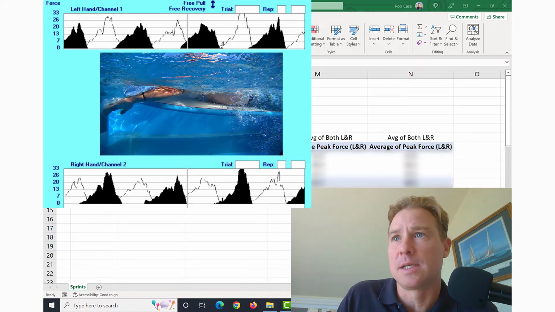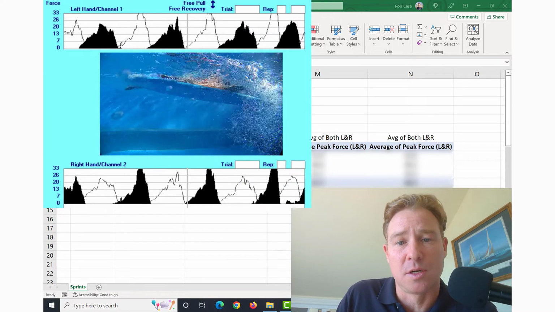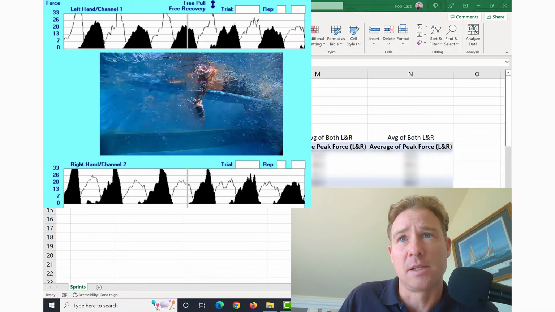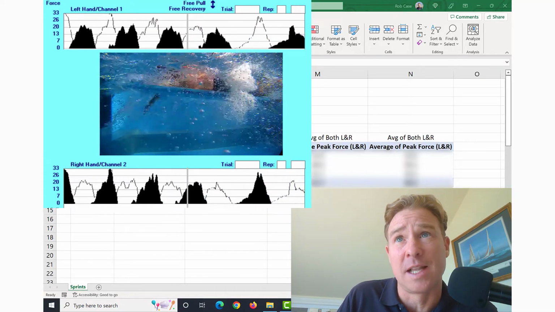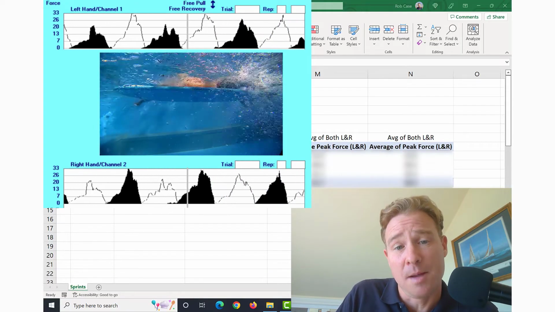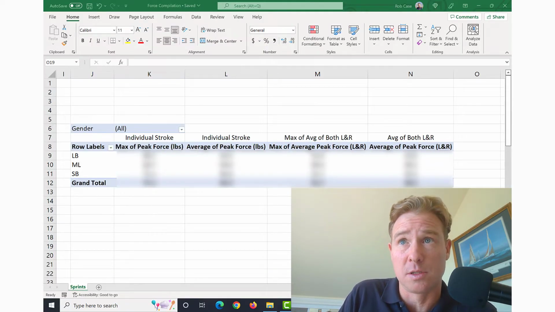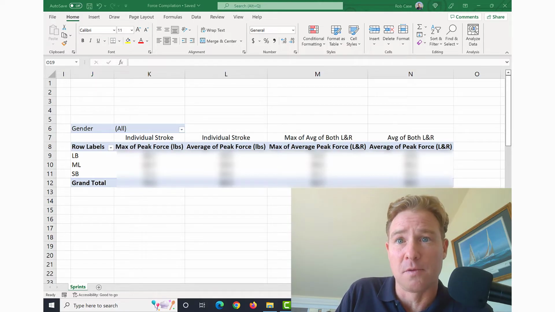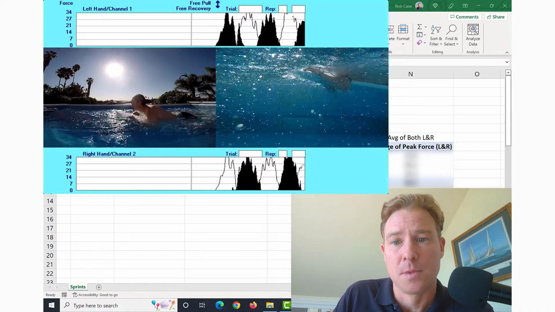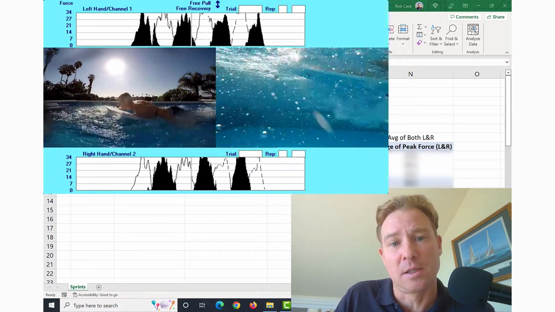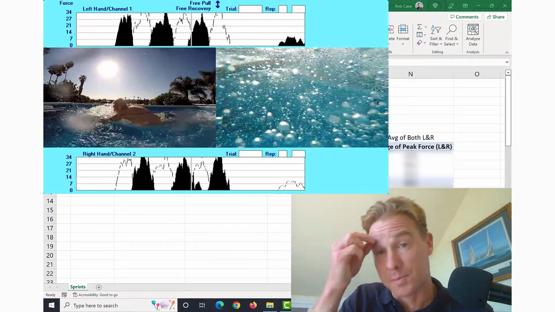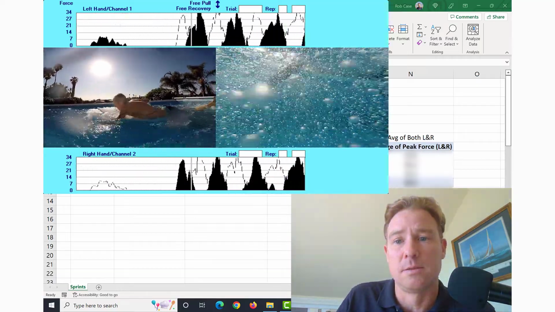It collects things like the average of the curve. So it basically collects a curve. It collects an average of the curve. It collects the peak of the curve. It collects the time that you're in the stroke for during the underwater pull part versus the recovery, and of course the total time. And there's another metric that it collects and processes that is the multiplication of two of those metrics that are collected.